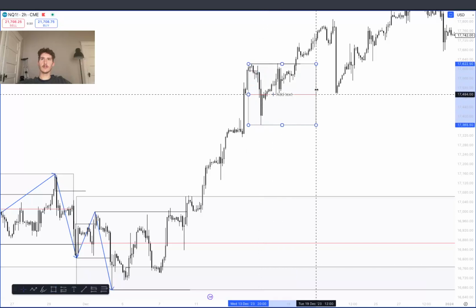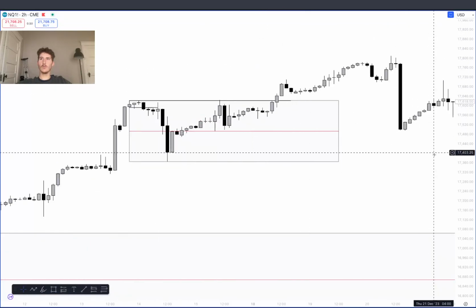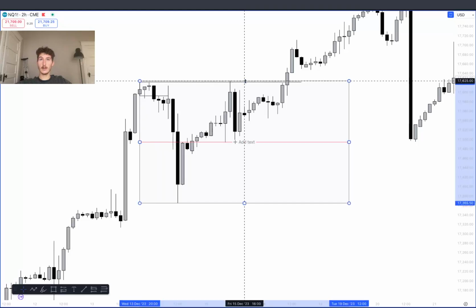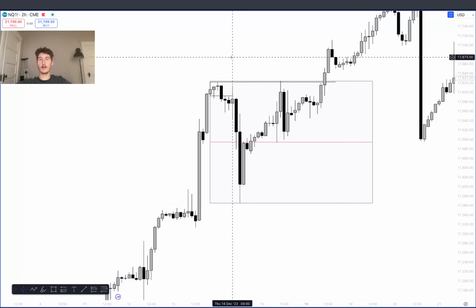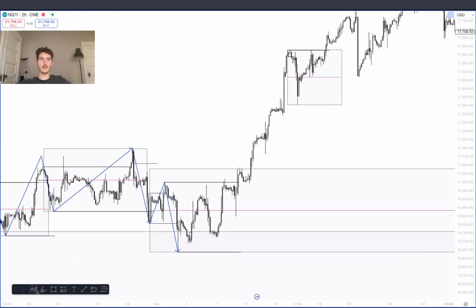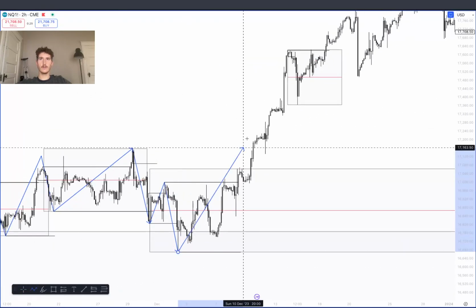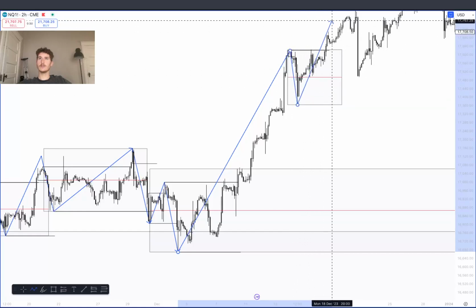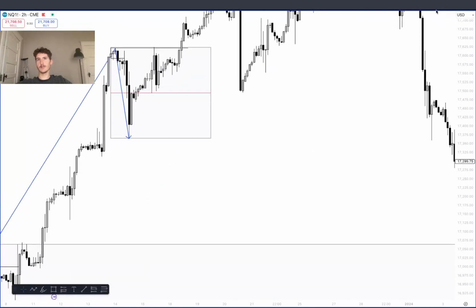And prior to closing above it, we have this little tiny wick here. I'm going to go ahead and cover that wick, just a hair. And let's continue our path tool. That's a good habit to practice, marking this out over and over again. 1, 2, right? And now let's look for some more structure.